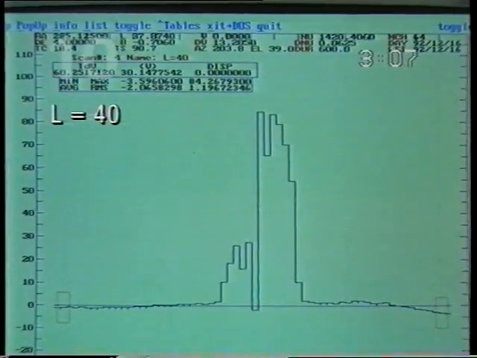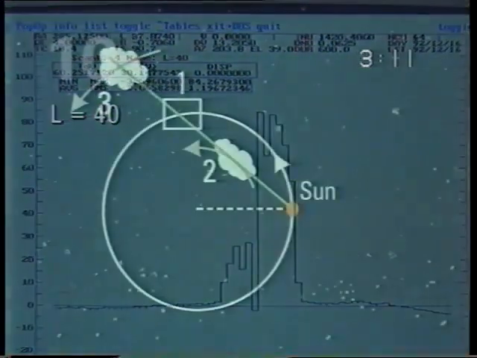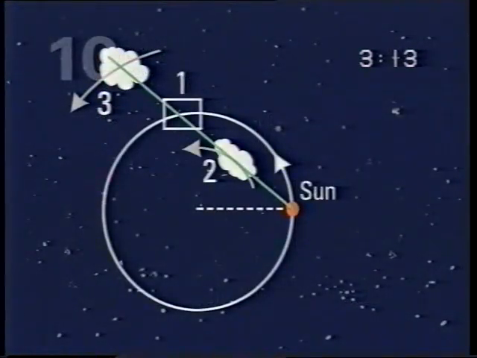But look what was actually observed, and we see that it is split in two. So there were at least two clouds at different distances, and because of the differential rotation, cloud 2 is going faster than us. That is, the distance from us to cloud 2 is increasing, so we see a redshift.